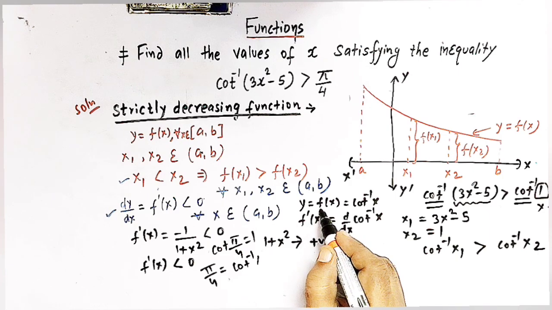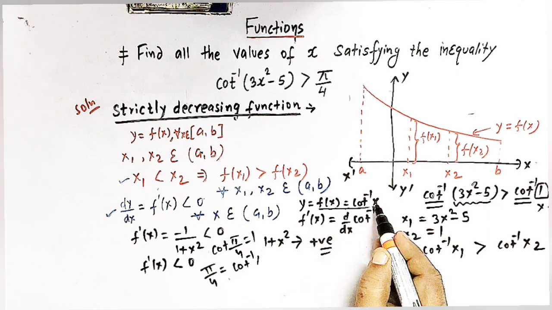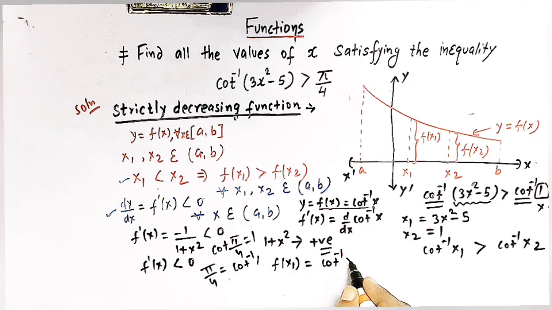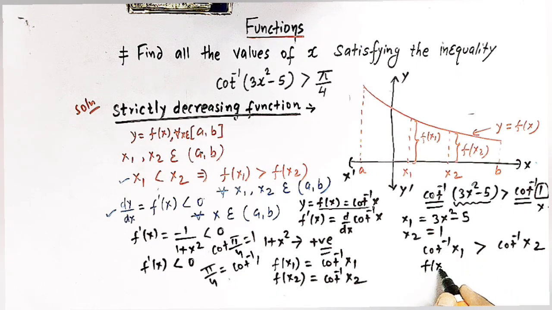And see, here we have assumed the function f of x is equal to cot inverse x. Now f of x1 is given by cot inverse x1, and f of x2 can be written as cot inverse x2, right? So cot inverse x1 can be replaced by f of x1, and here cot inverse x2 can be replaced by f of x2, right?